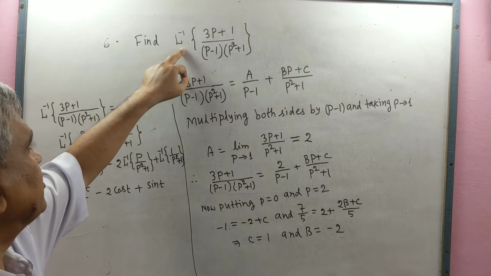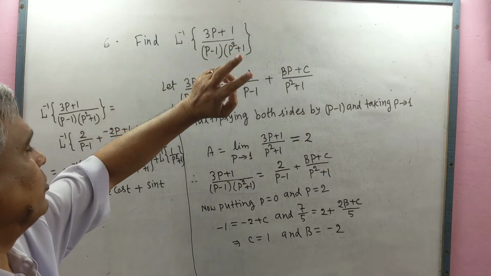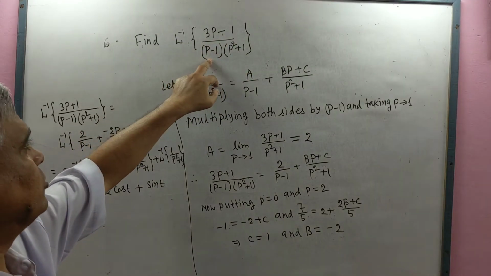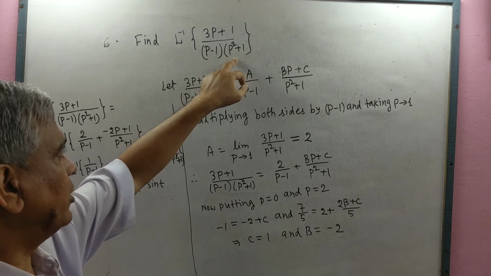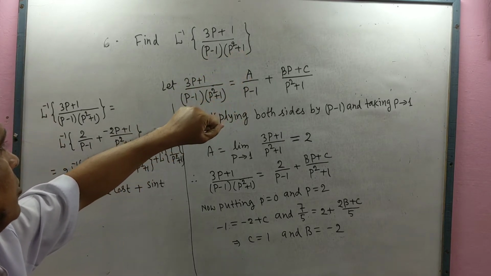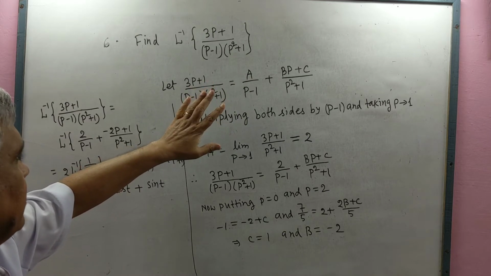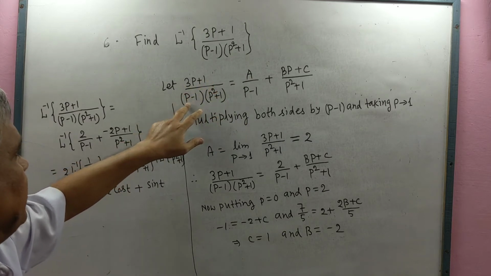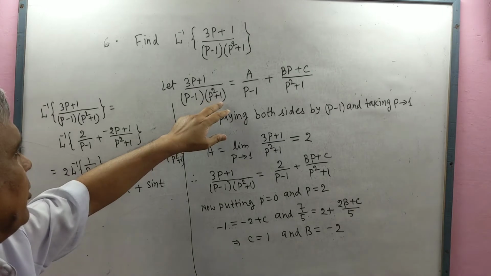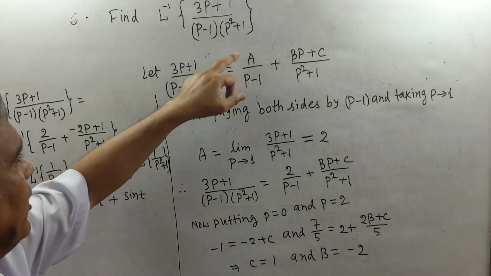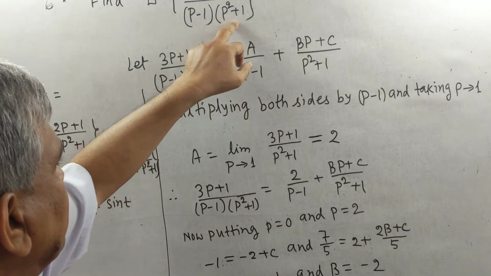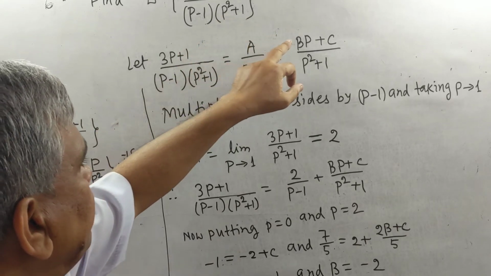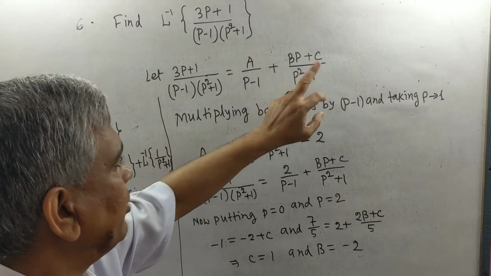Find L inverse of 3p plus 1 by p minus 1 into p square plus 1. P square plus 1 is quadratic. So we write 3p plus 1 by p minus 1 into p square plus 1 in partial fraction as a by p minus 1, and as this is quadratic, we write bp plus c by p square plus 1.